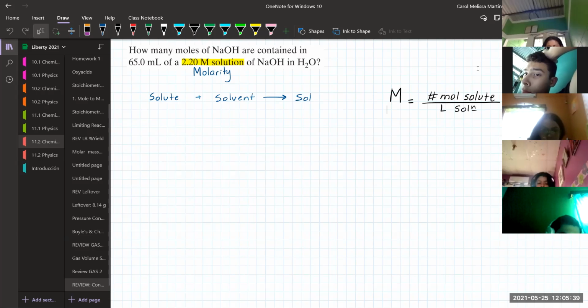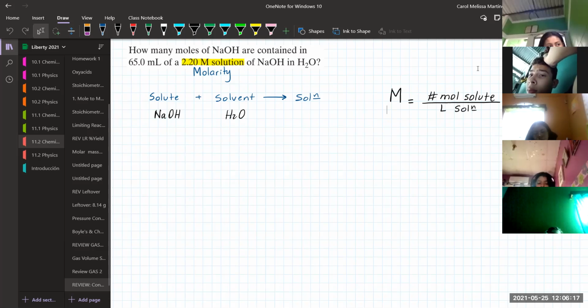What is the solute in my problem? What is the solvent in my problem? H2O. Water. NaOH is my solute and water is my solvent. Water is a key. If you see water, it's most likely the solvent, unless it is specified in other way.